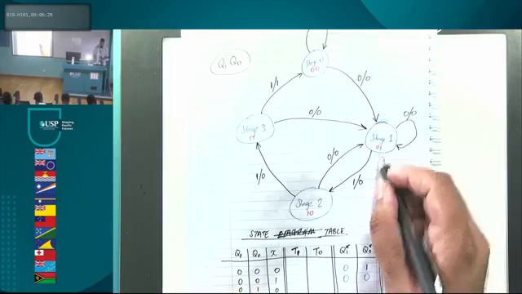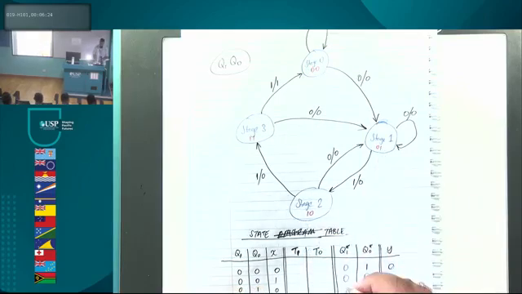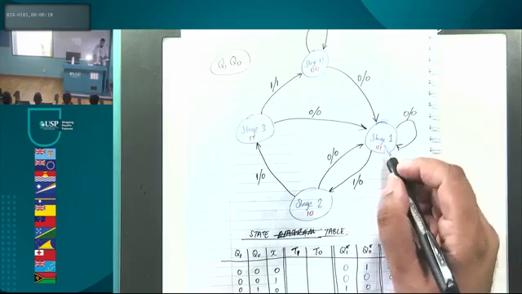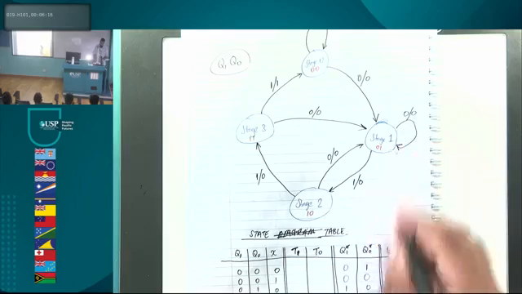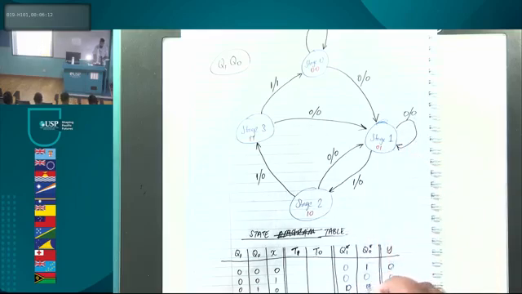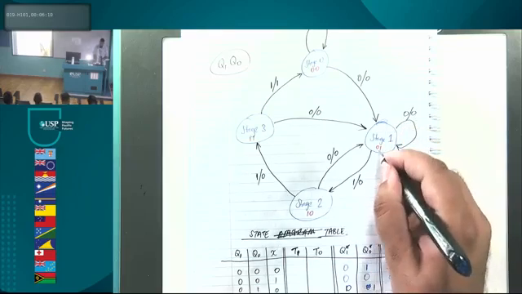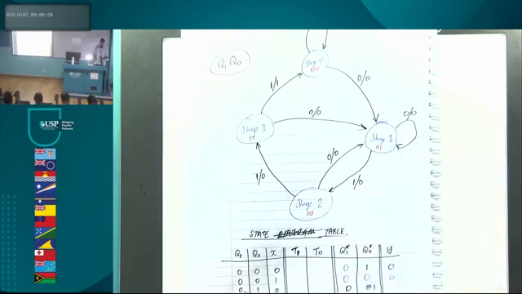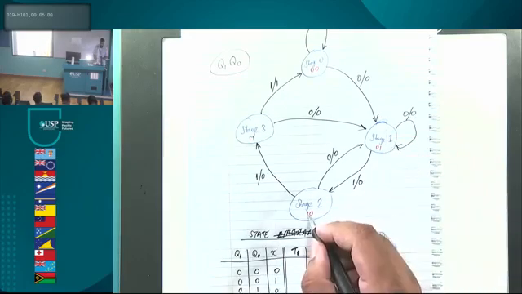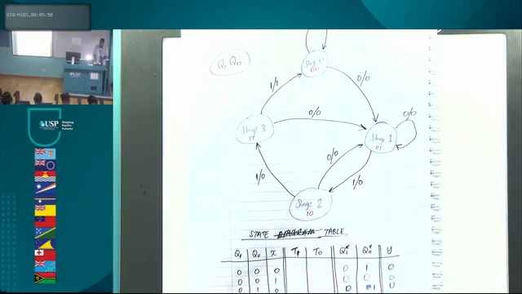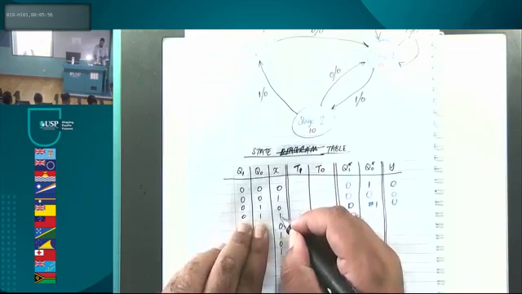Okay, 0, 1 stays at 0, 1. Input is 0, output is 0. 0, 1 moves to 1, 0 if input is 1.